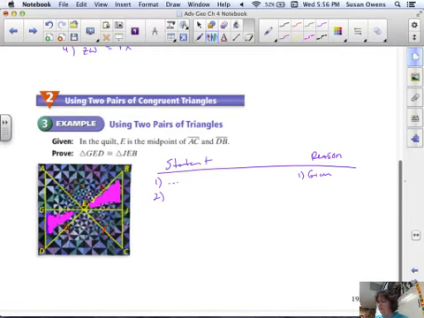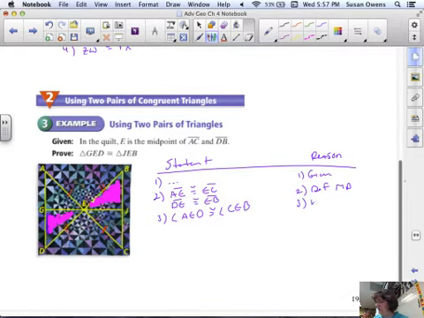So I'm given midpoints, so I can say that AE is congruent to EC, and I can also say that DE is congruent to EB, and this is by definition of a midpoint. I can also say that the angle AED is congruent to angle CEB, and this is vertical angle theorem.